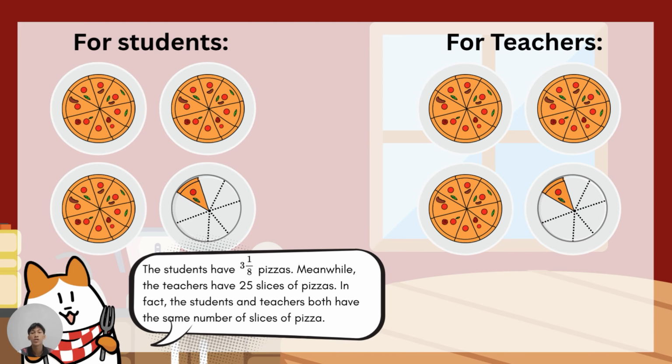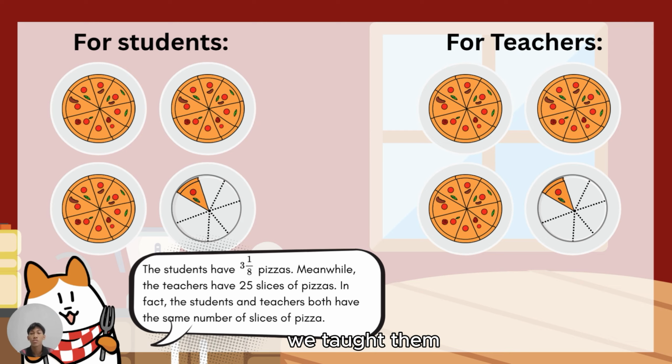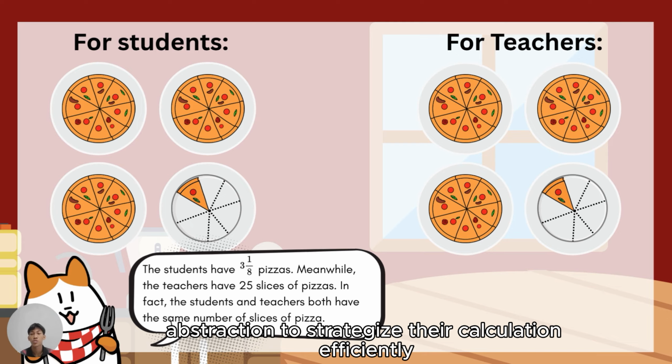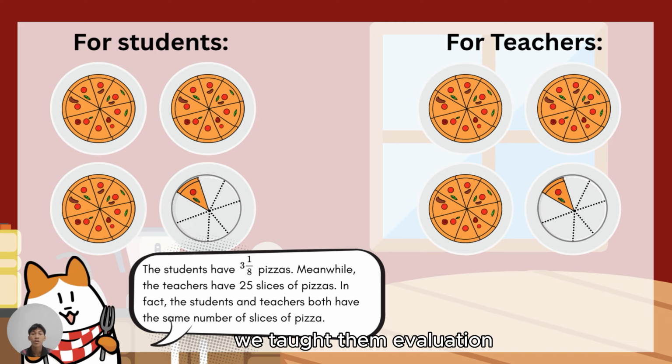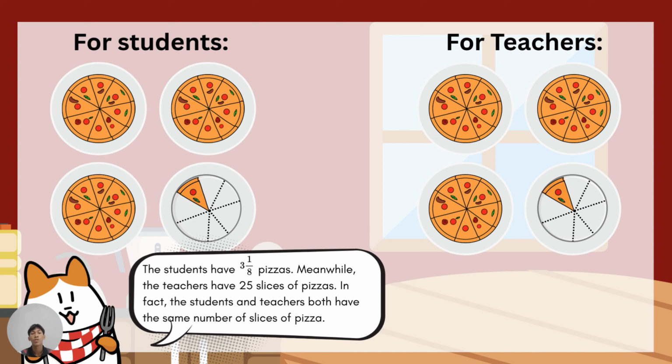We didn't just tell Year 4 students to add these numbers, but we taught them decomposition to manage their cognitive load. We taught them abstraction to strategize their calculation efficiently. We taught them evaluation to ensure their answers made sense in the real world.